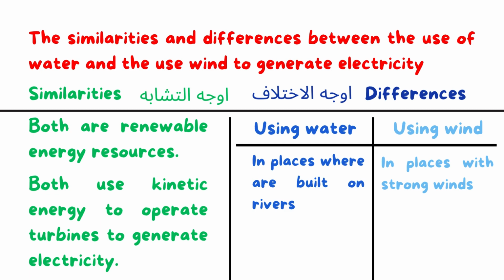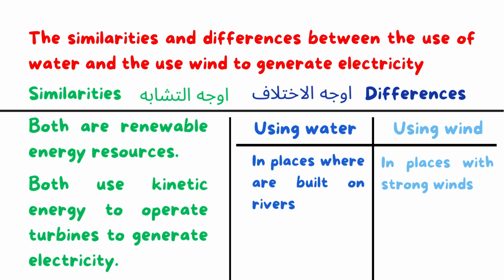Also in the water turbines, the water flow causes the turbines to rotate and to operate the generators, and here the kinetic energy is converted into electrical energy. So both of them use kinetic energy to operate turbines to generate electricity.